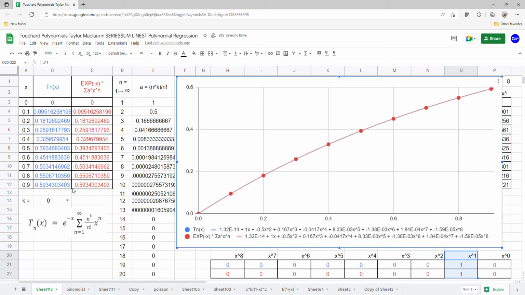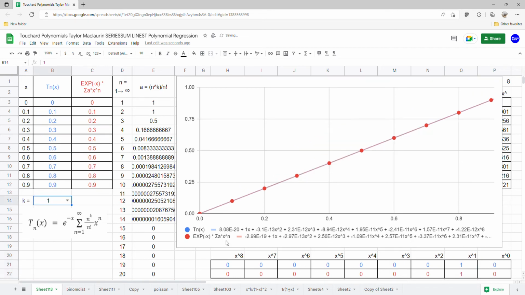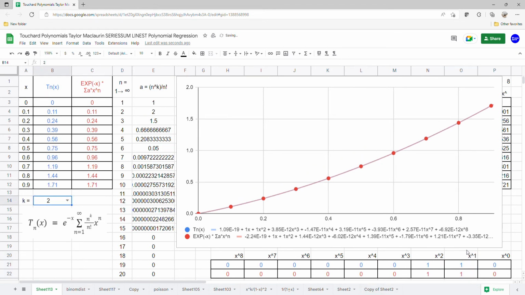We continue with k equals 1. Also x. K equals 2. That's x plus x squared. K equals 3.